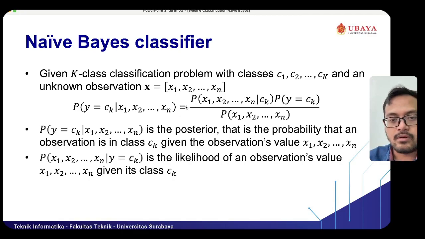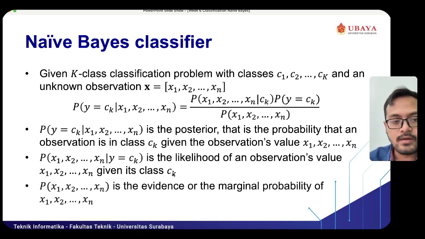On the right-hand side, P(X1, X2, and Xn given Ck) is the likelihood of an observation's values given its class Ck. And P(X1, X2, and Xn) is the evidence, or the marginal probability of X1, X2, and Xn, the probability that the features have those specific values.